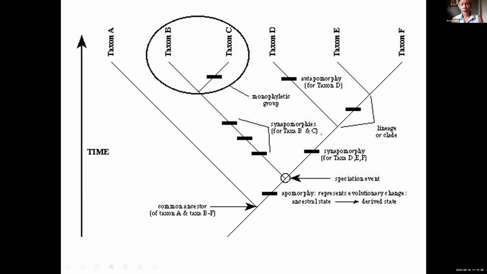If we clip the branch over here where it says synapomorphy for taxa D, E, and F, we get D, E, and F together, that would be a monophyletic group. And the entire tree diagram taken all together is also a monophyletic group. So we're going to have multiple nested monophyletic groupings, all shown on the same tree.